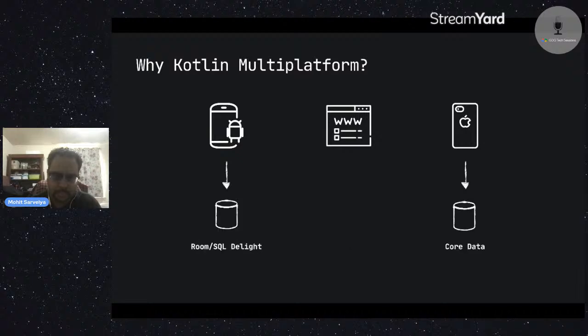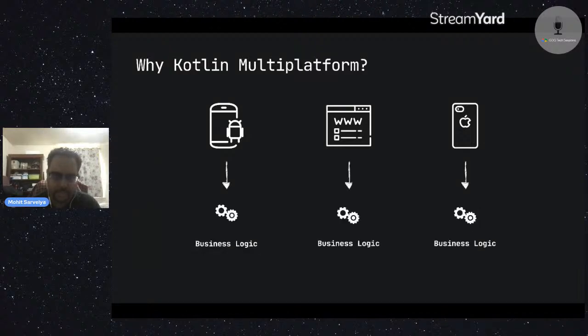In your application, you probably have also solved the problem of how to cache the data that you get back. There are different libraries you can use, like SQLDelight or Room on Android, and there is the Core Data framework that you use on iOS. That's another common problem that you're solving on these platforms.